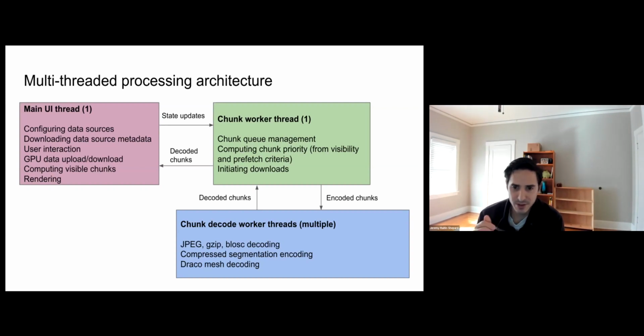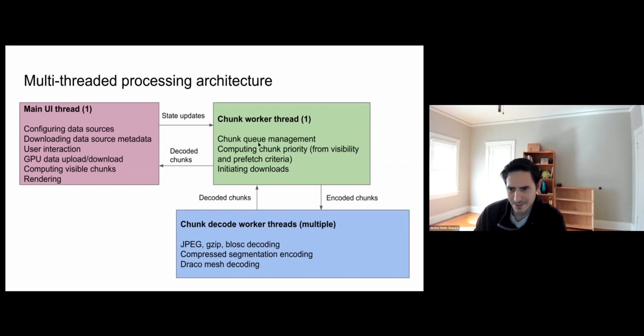On the main UI thread, we're computing visible chunks and then rendering those chunks. On the chunk worker thread, we're actually duplicating some of that work just to avoid having to coordinate between them. So it's also computing visible chunks. But in addition to visible chunks, it's determining which chunks should be prefetched, and also assigning a priority to them. Whereas in the main UI thread, we're just determining the visible chunks, but aren't concerned with priorities.